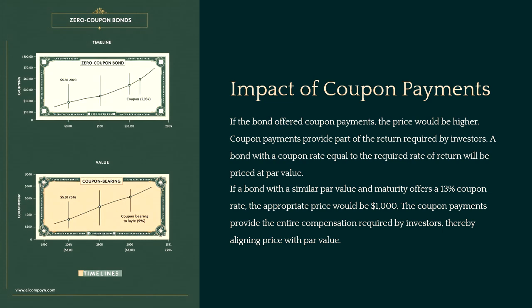If you calculate the value of the zero coupon bond, it has a lower value compared with the valuation of the bond that we calculated in our first example. So by giving a coupon, the price would be higher, but by giving no coupon, it would be lower.